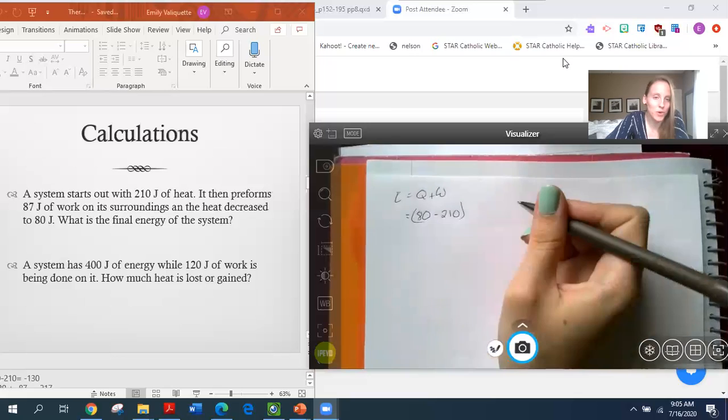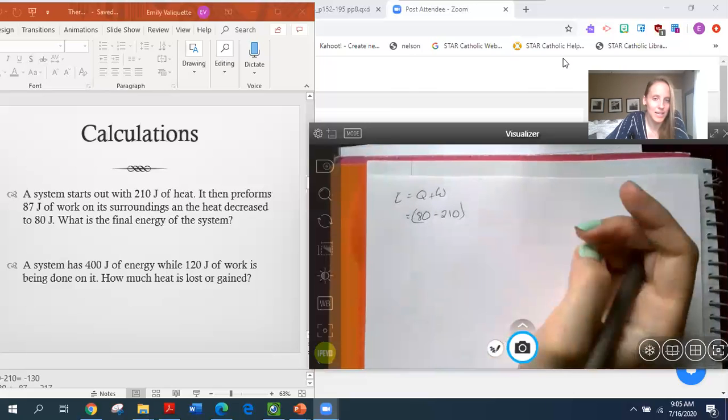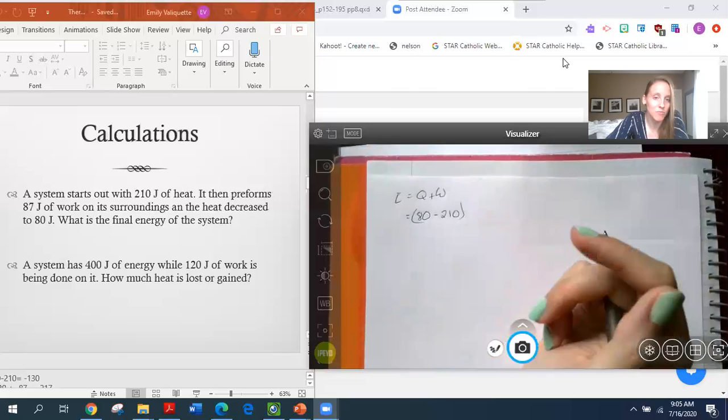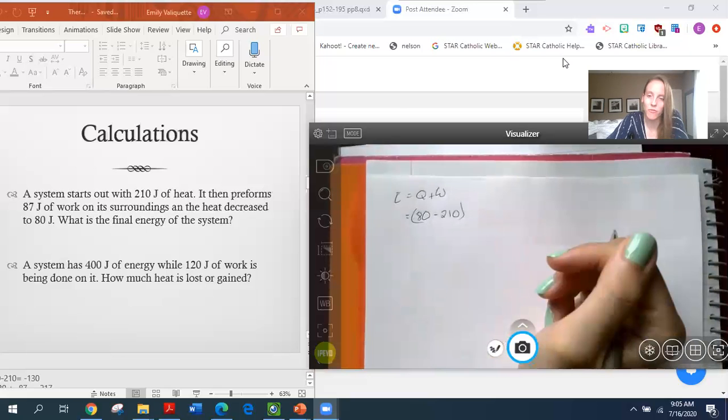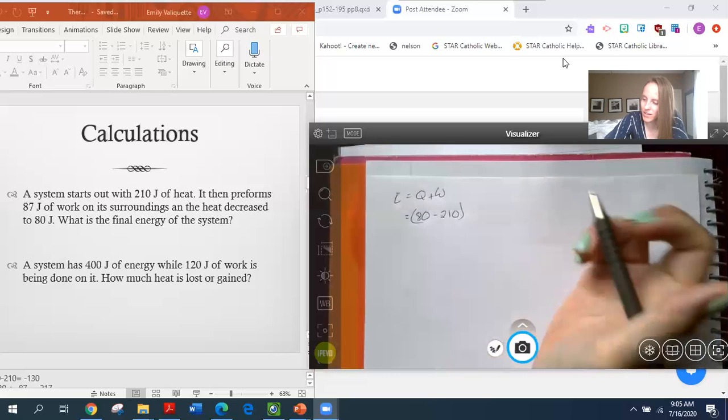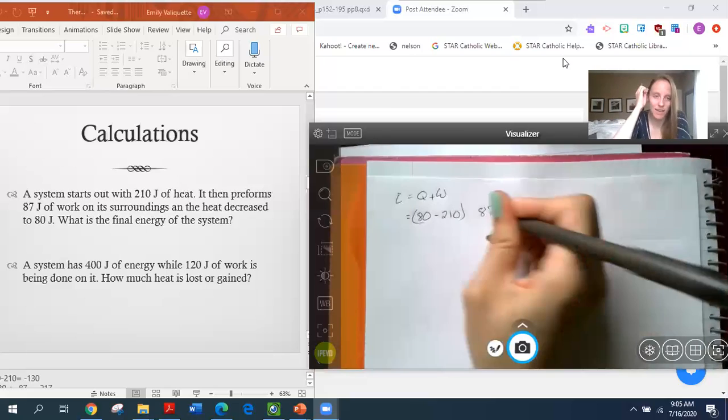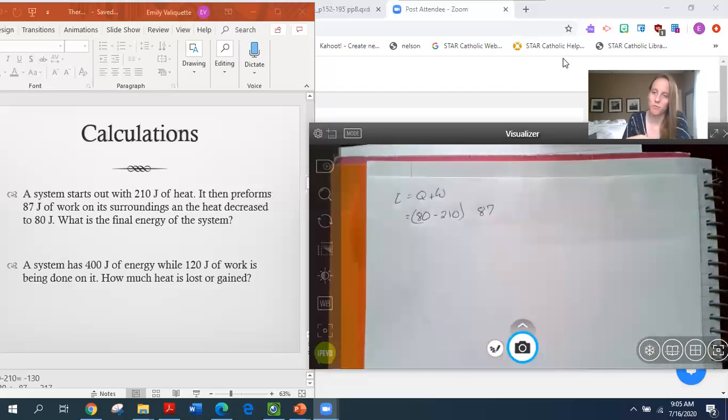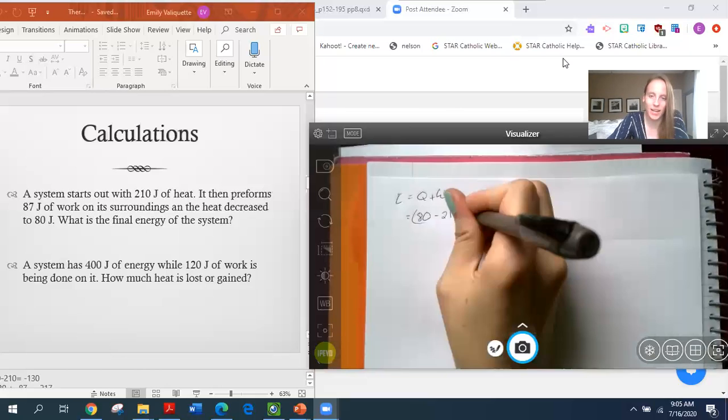And then our work, it says the system performs 87 joules of work. So obviously our W value is going to be 87, but because the system is the one performing the work on its surroundings, that is a negative 87.